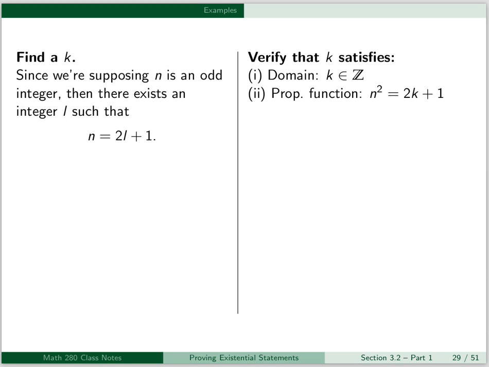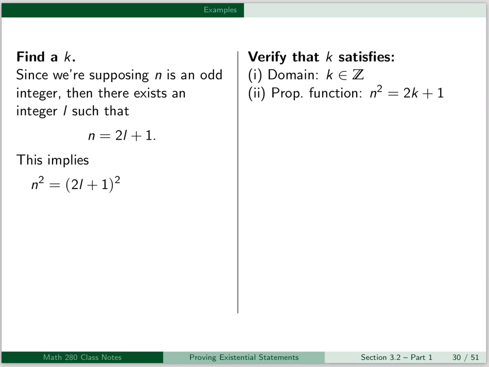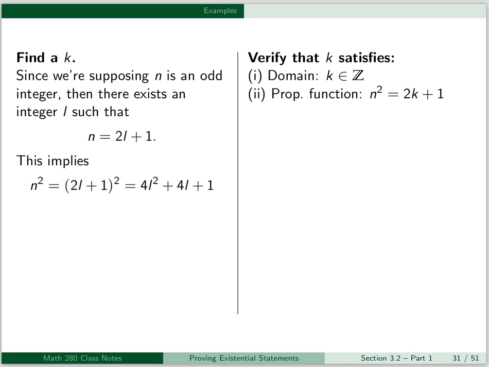So to find our k, since we're supposing n is an odd integer, then there exists an integer L such that n equals 2L plus 1. This implies, by squaring both sides, that n squared equals (2L plus 1) squared, which expands to 4L squared plus 4L plus 1.